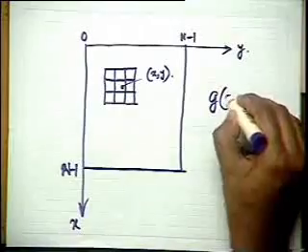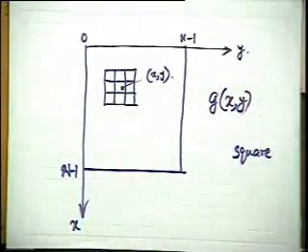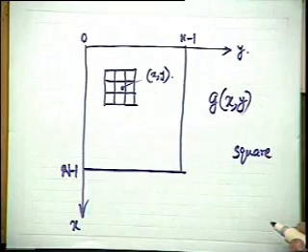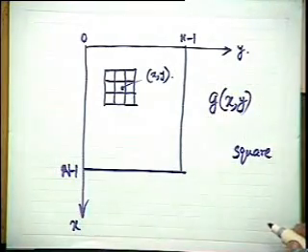Now what you have to do is, for this particular pixel xy, whose coordinates are xy, you are going to determine the function g of xy, the intensity value of the processed image.